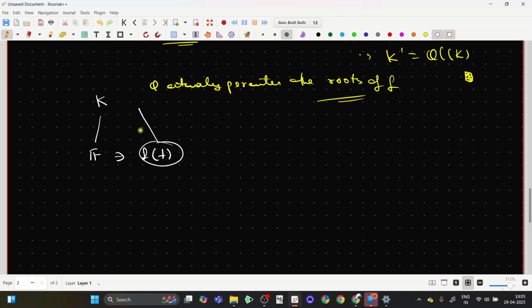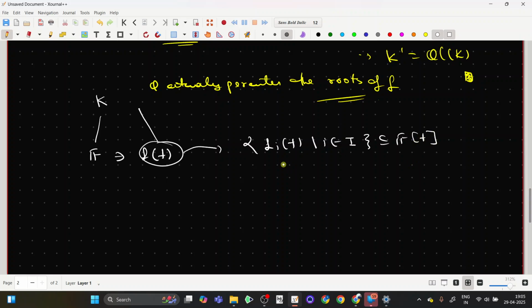But suppose, without talking about a single polynomial, I take a collection of polynomials f_i, let's say i is in some indexing set I. I am not saying that it must be a finite set. I can talk about any indexing set, any collection of polynomials in F[x].